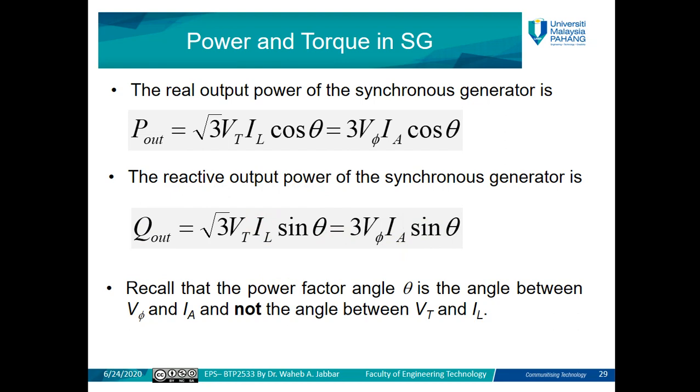So we need to know how much real power and how much reactive power the synchronous generator generates. The theta here is the angle between V phase and I armature, and not the angle between V terminal and IL. It's the angle between V phase and I armature, which means V phase and I phase.